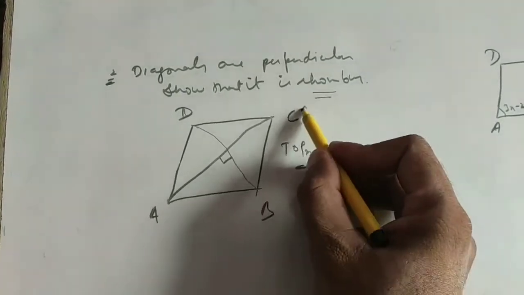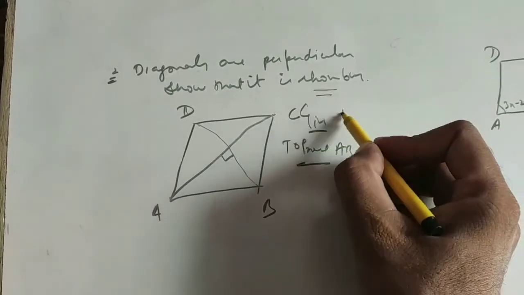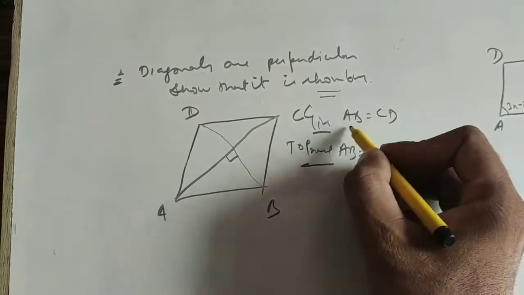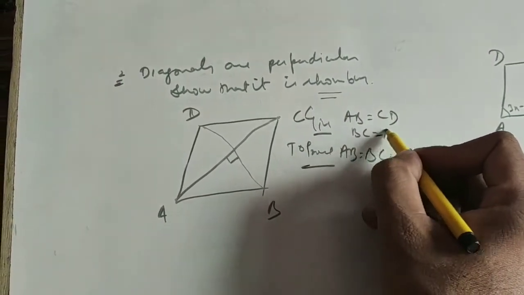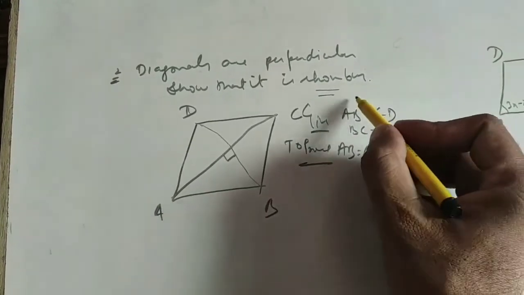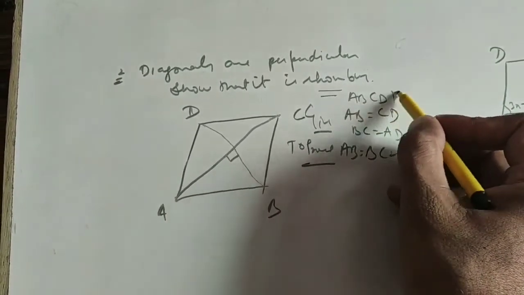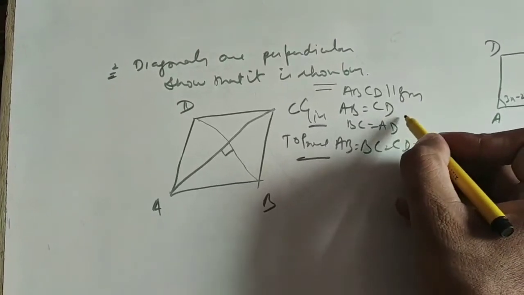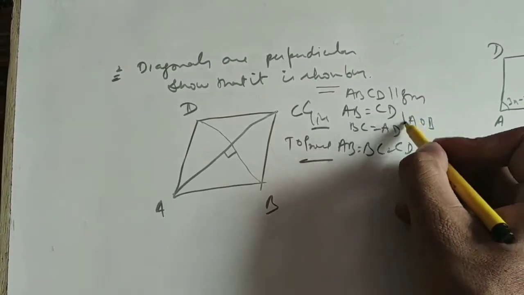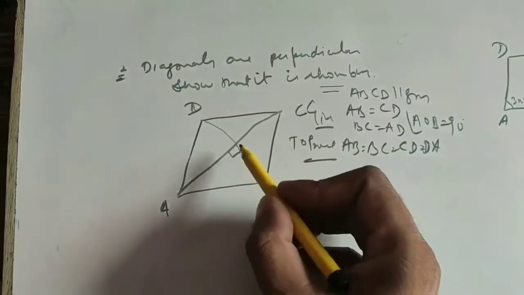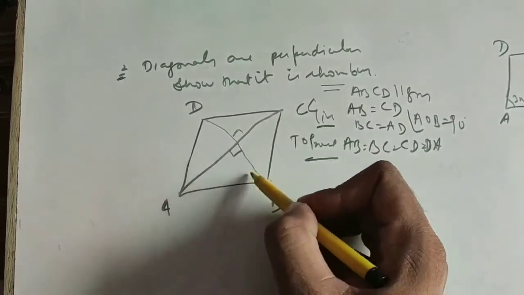It is given that AB is equal to CD and BC is equal to AD, because ABCD is a parallelogram, and angle AOB is equal to 90 degrees. All these angles are 90 degrees.